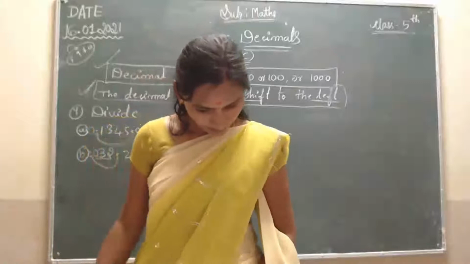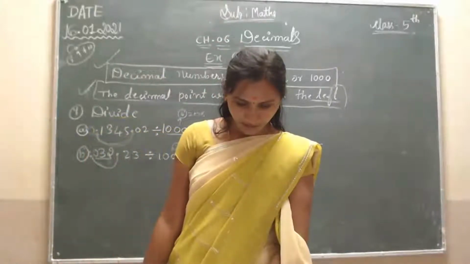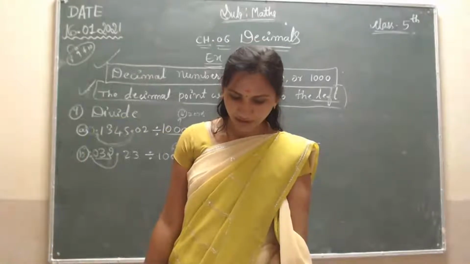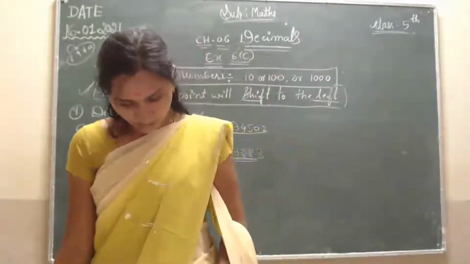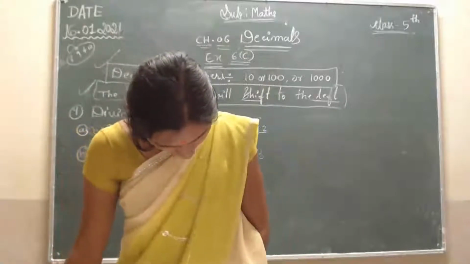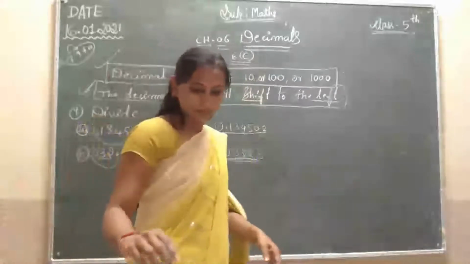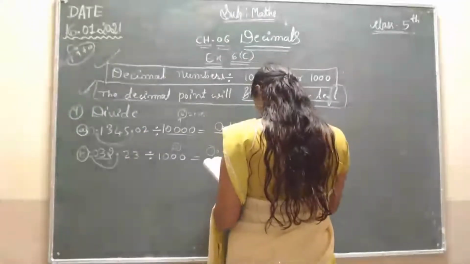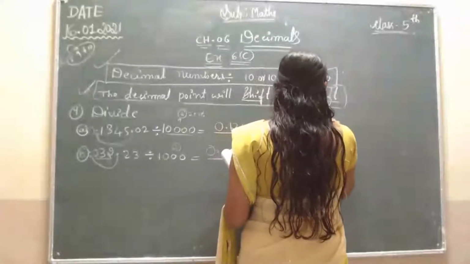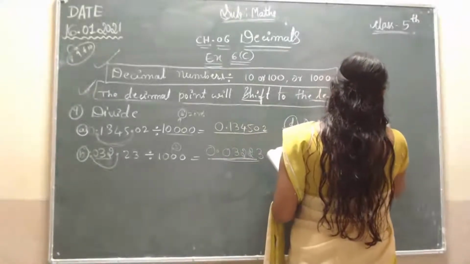Next is different. C and D I will give as homework. So can you see in F? F and D are given. These are both different questions. The questions in D and F: D is 0.003 divided by 100.